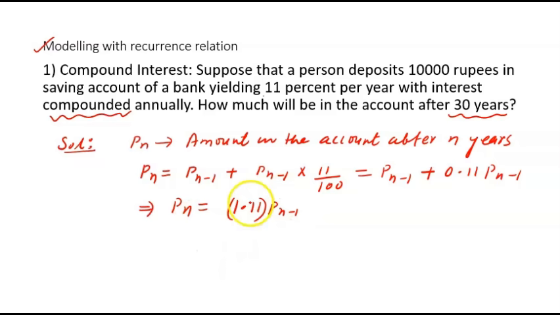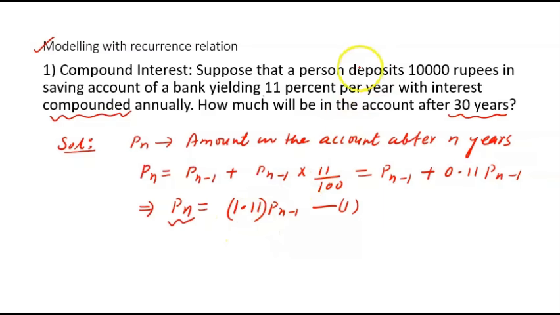Now this is just a recurrence relation, because you can see that to get the amount at the end of nth year, we are looking at the amount at n minus 1th year, and then we are just multiplying that amount by 1.11.